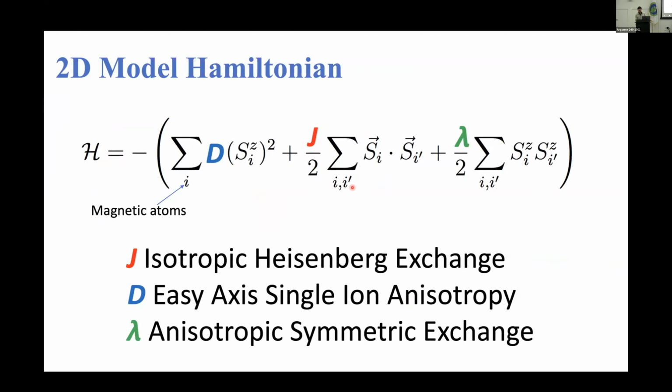From ab initio calculations, it's very common to map our ab initio energies to a 2D model spin Hamiltonian. In this case, we can construct a Hamiltonian that has terms for things such as isotropic Heisenberg exchange, easy axis single ion anisotropy, and anisotropic symmetric exchange.